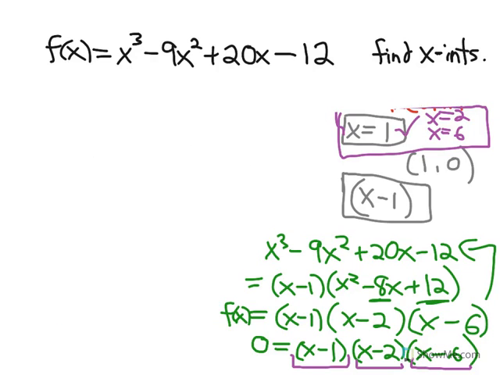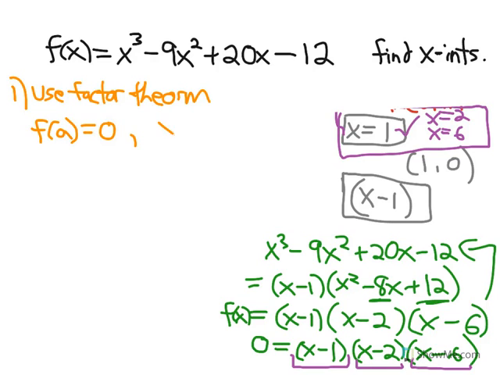Okay, so if we're looking at the steps when we're given this cubic function and we're looking for the x-intercepts, one, we want to use the factor theorem. What the factor theorem says is that if f of a, let's call it, equals 0, then x minus a has to be a factor.